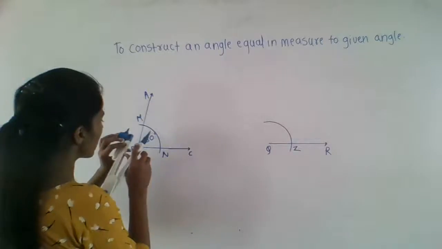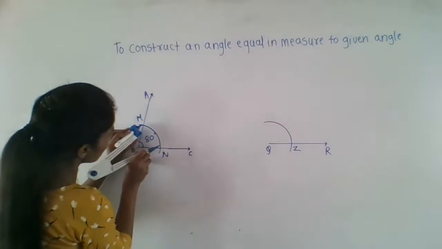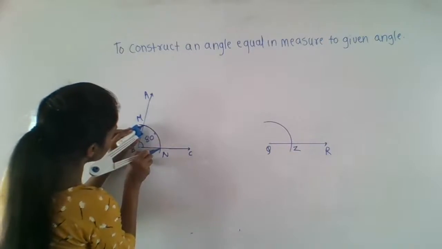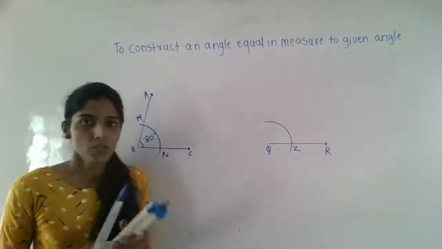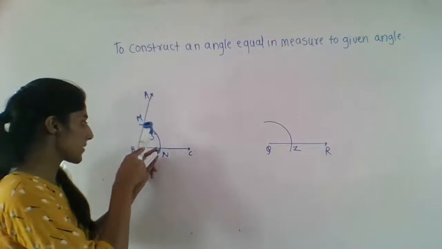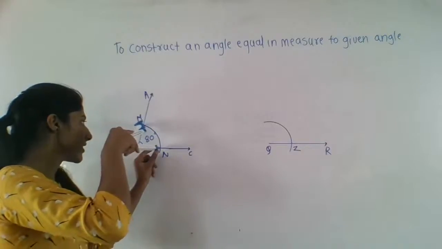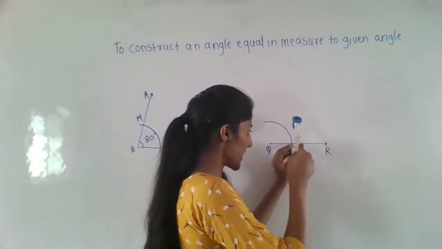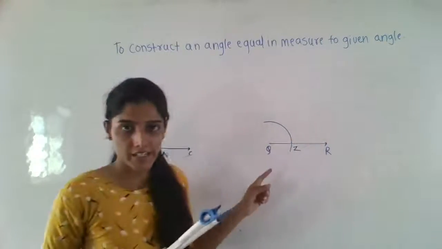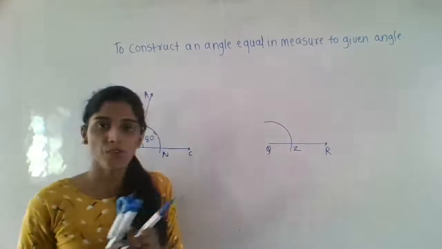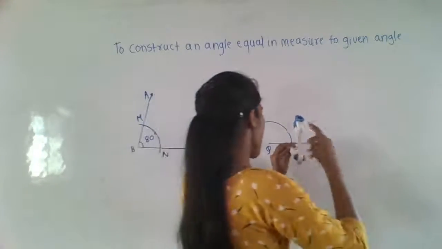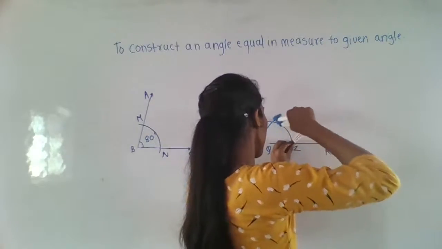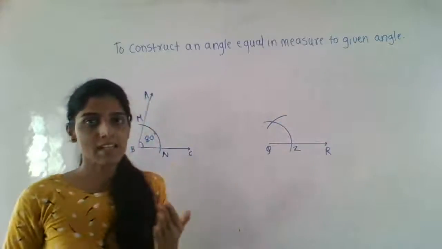So measure this distance, the arc M to N. With the same distance, place the point of your compass on Z, the intersection point, and draw an arc. Keep the point here on Z and draw an arc which cuts the previous arc.